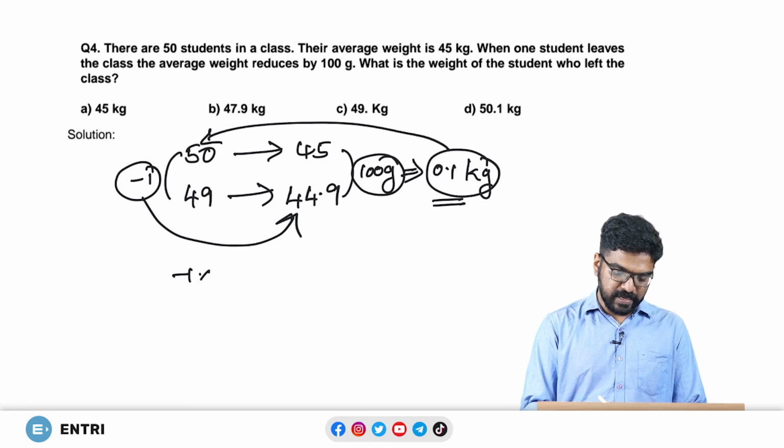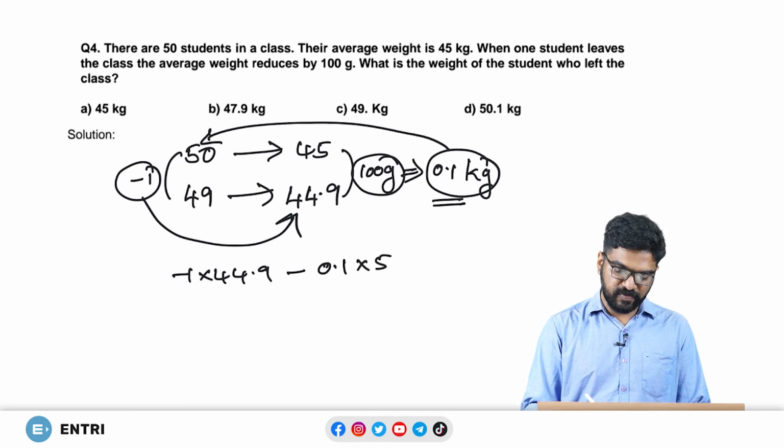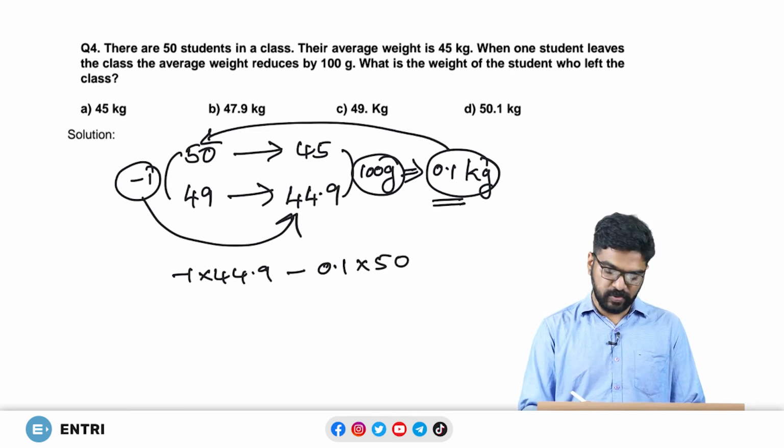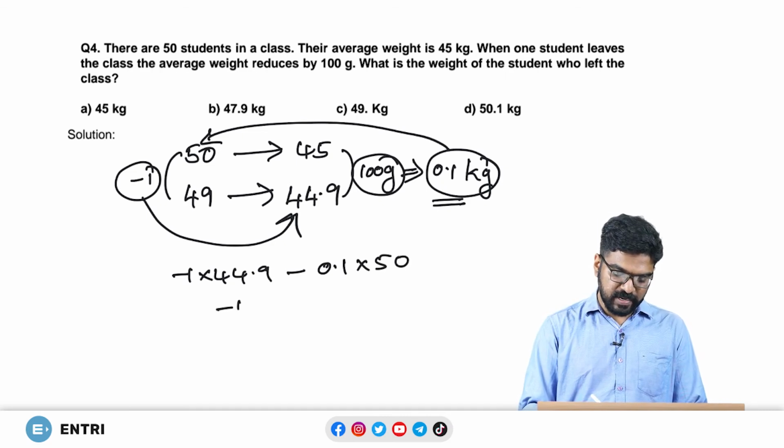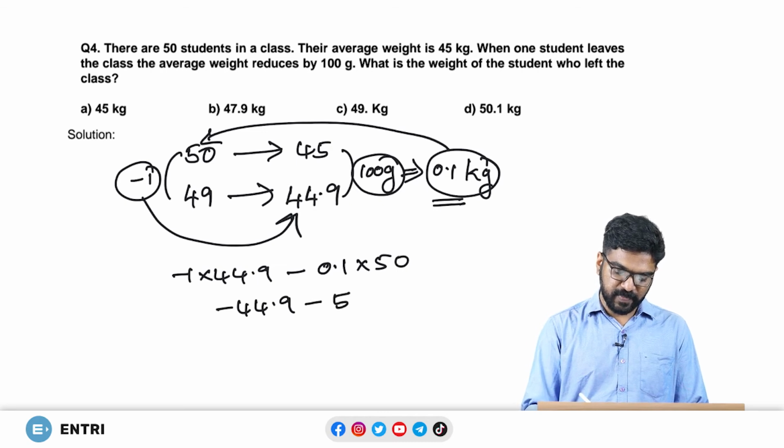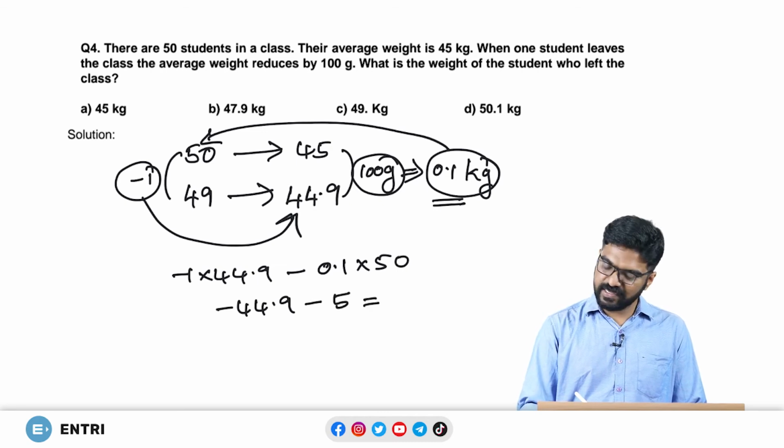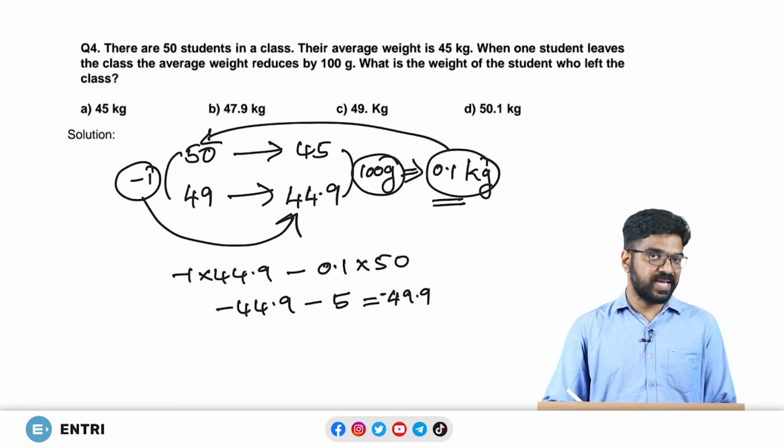So -1 into 44.9 minus 0.1 into 50. So this is what we have to do. So what we get is minus 44.9 minus 5. So the resultant value will be nothing but 49.9.